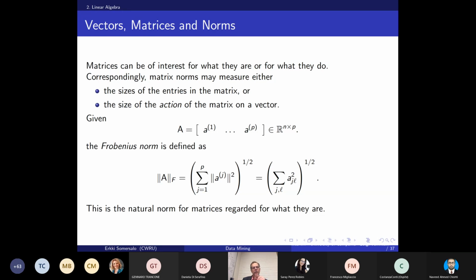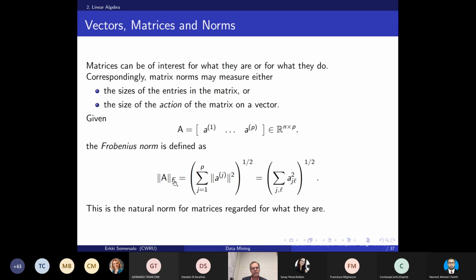But let's look first at the idea of a matrix as an array of numbers. So A is a collection of vectors which are arranged in the columns of A. Now you can measure the size of each column. So take, let's say, the 2 norm. So you take the 2 norm of each column. Now you have a vector of norms. And then you take the 2 norm of those norms.